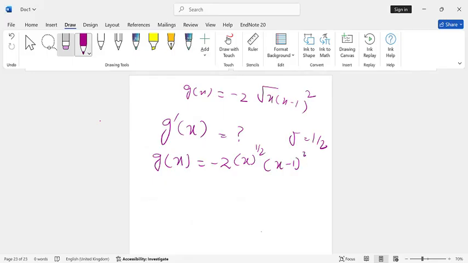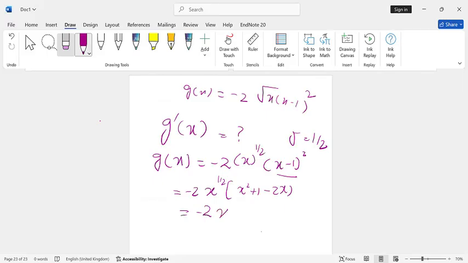So what we have to do in this equation is open this formula, so we have minus 2 x to the power 1 by 2, and it becomes x squared plus 1 minus 2x. We apply the (a minus b) whole squared formula, which is a squared plus b squared minus 2ab. So I'm going to multiply minus 2 x to the 1 by 2 with all these terms.